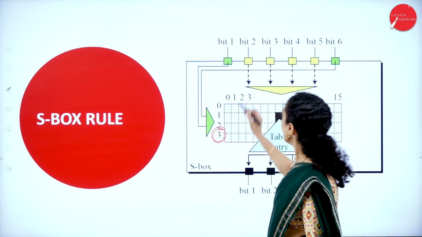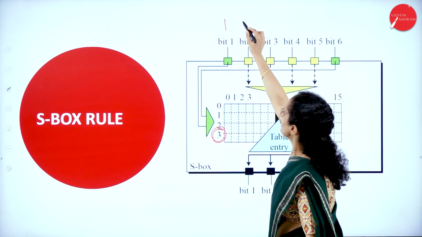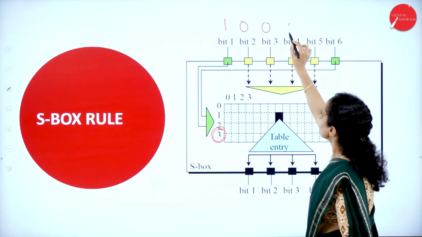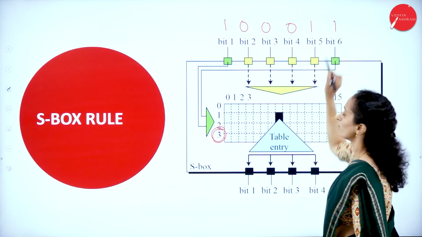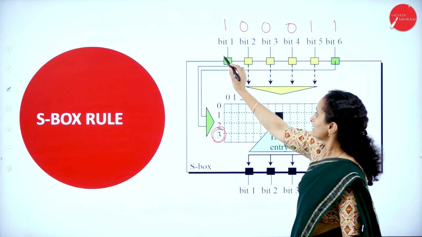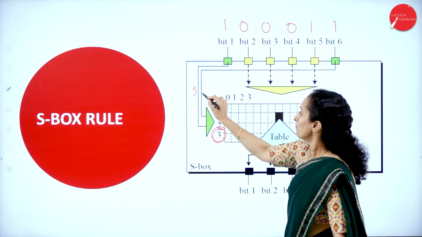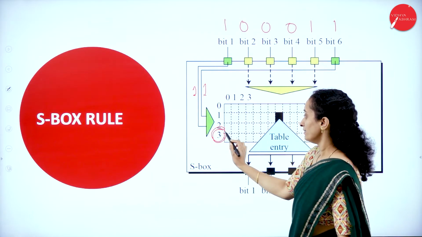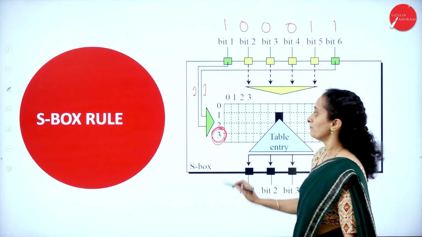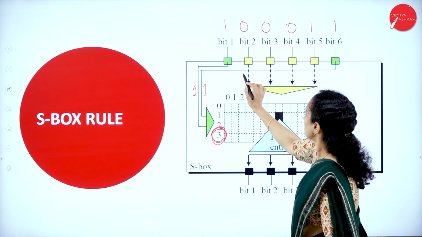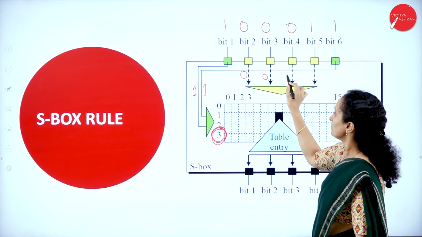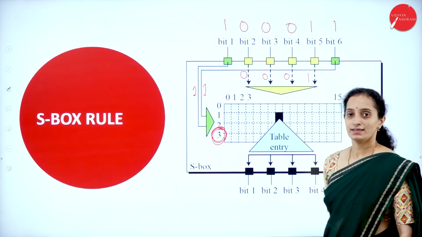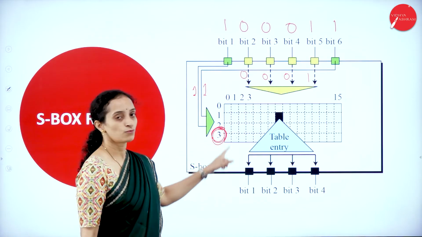If you have 100011, you get the 1 and 1 here, which is 3, and you get 0, 0, 0, 1, which yields 1.